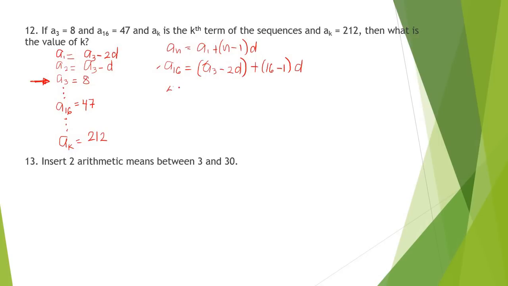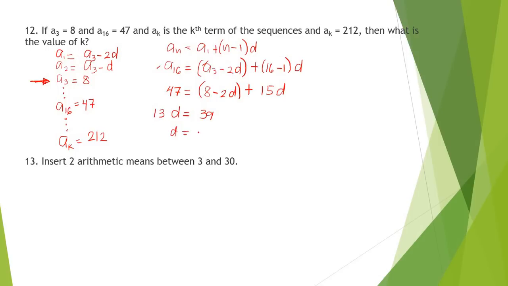So 47 is equal to 8 minus 2d plus 15d. Solving for d, 15d minus 2d gives 13d. 13d is equal to 47 minus 8, which equals 39.